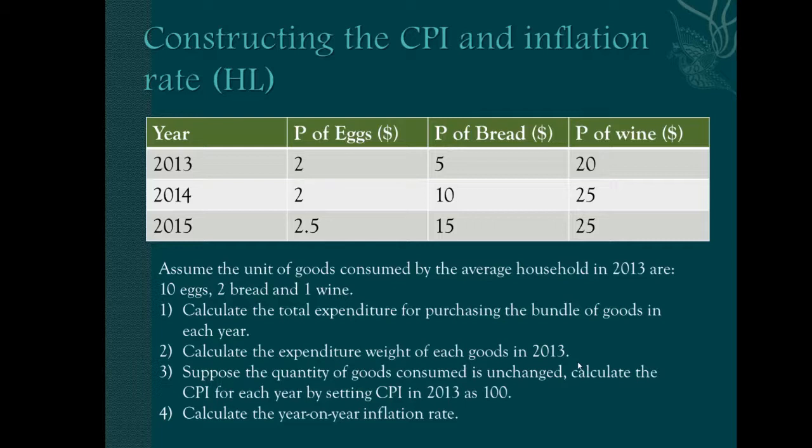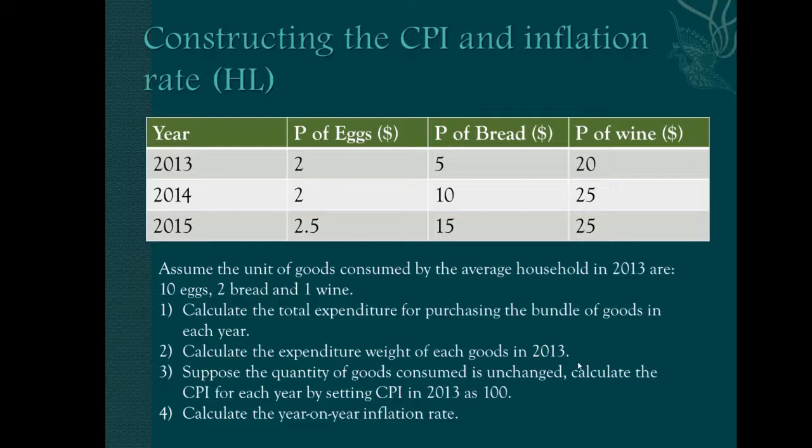If we change the items inside the baskets every year, there's no reference value. That's why when we are using CPI, the items in the basket should be fixed. Otherwise you cannot use it for comparison. It's based on a simple idea, apple to apple. You cannot compare apple to orange because they are completely different.